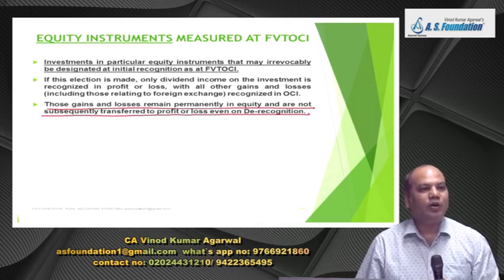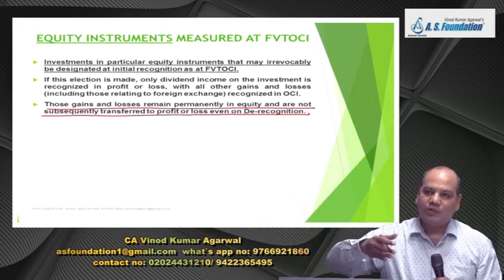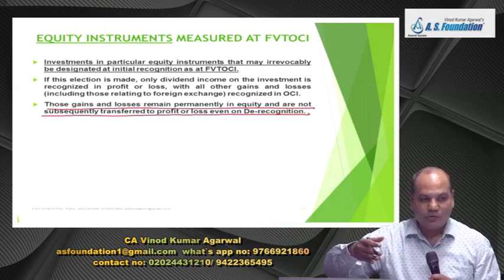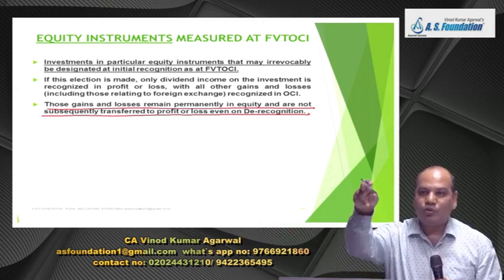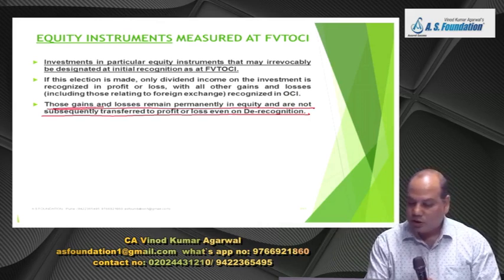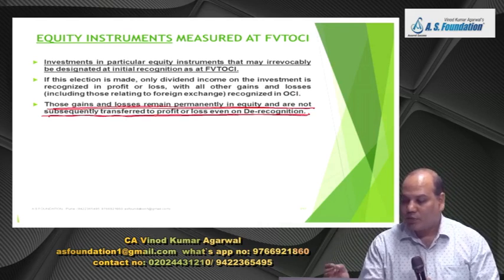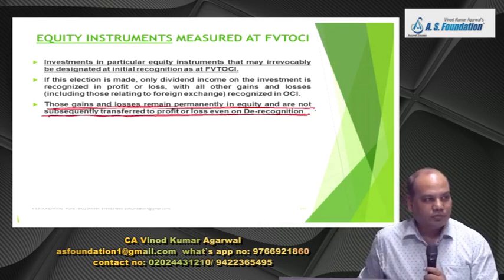The balance in OCI will be transferred to other equity account. Within equity, there will be a movement from OCI to maybe reserve and surplus or general reserve, but it will not be routed through the P&L account. This is for equity instruments. These gains and losses remain permanently in equity and are not subsequently transferred to the P&L account, even on derecognition.